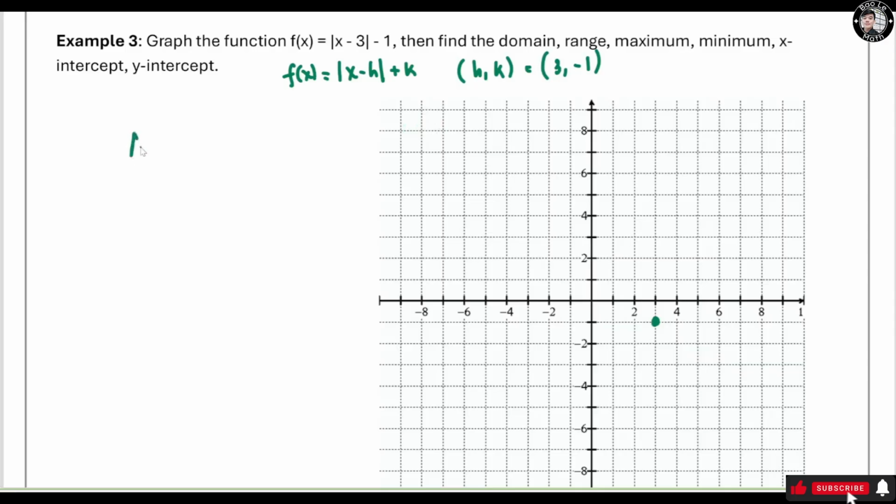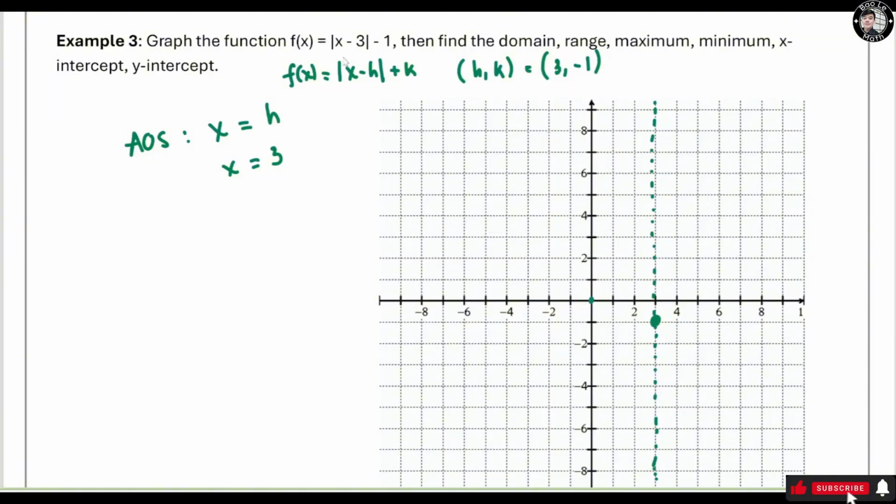We know that the axis of symmetry is x equals h. In this situation, x equals 3 is the axis of symmetry, right? So I'm gonna sketch the axis of symmetry, and I'm gonna take advantage of the axis of symmetry to sketch the absolute value function faster, right? Now I'm going to take x equals 0 to see what happens, right?